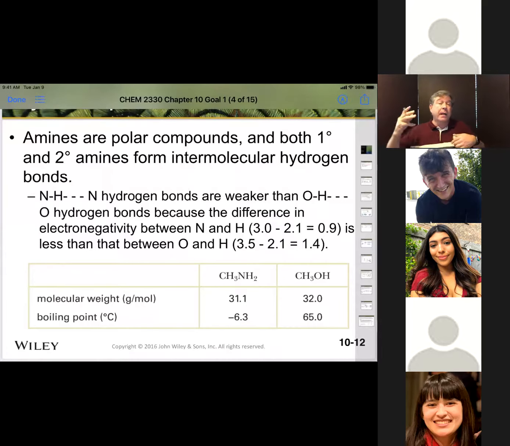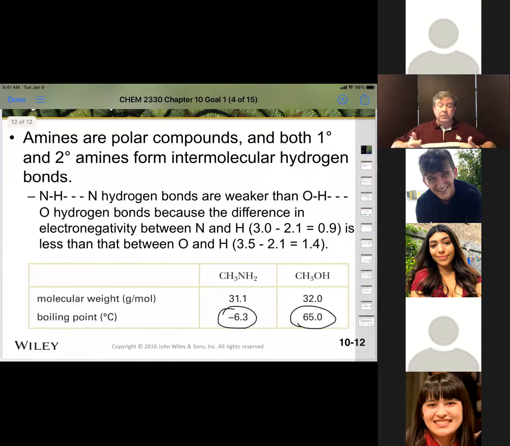So remember when we did alcohols that the OH was the strongest hydrogen bonder, and because the difference between sulfur and hydrogen was so low, it hardly hydrogen bonded at all. In the case here, nitrogen is intermediate at 0.9, and therefore it does hydrogen bond, but it doesn't raise the boiling point as much. So with similar molecular weights here, we actually have a 70-degree difference in boiling point, and that all has to do with the weaker hydrogen bond of the nitrogen.